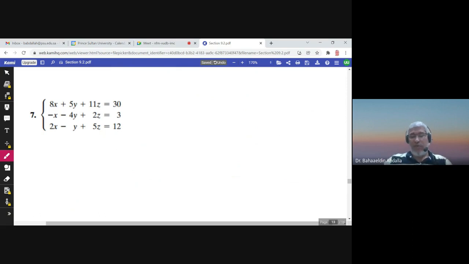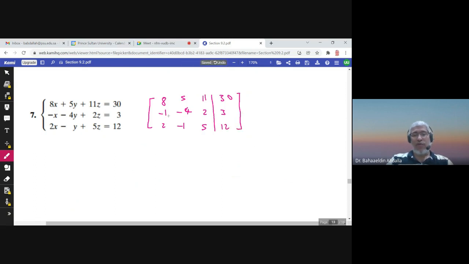You can pause the video and try to solve this equation by yourself. You need a lot of concentration, and it's a practice to be accurate in your answers in each step.